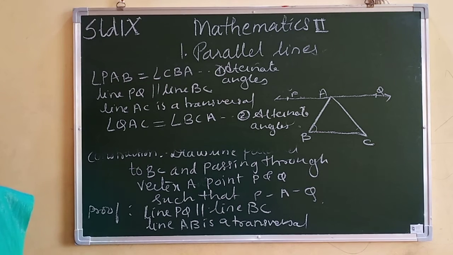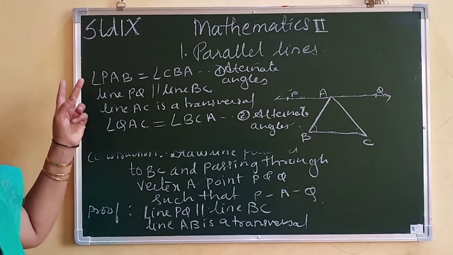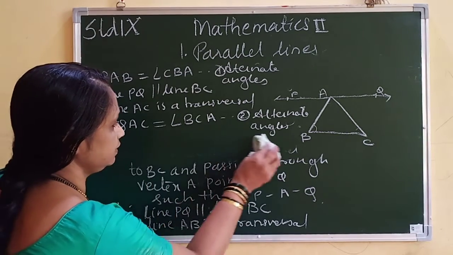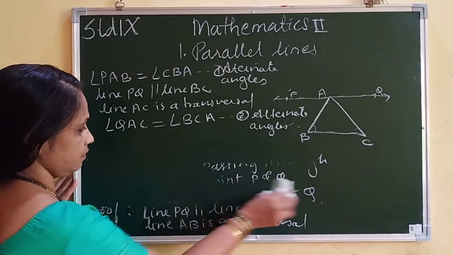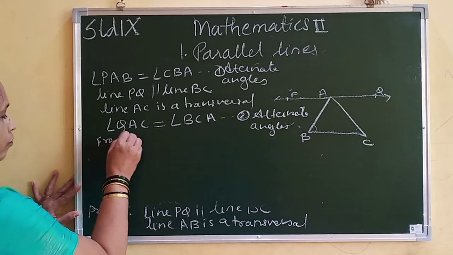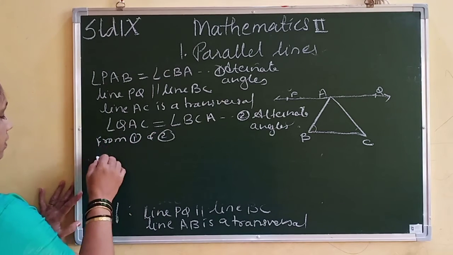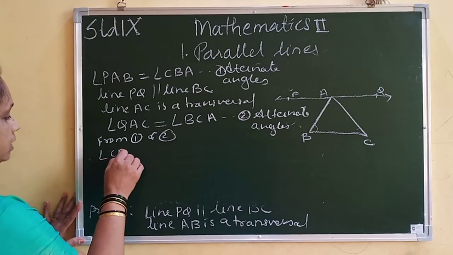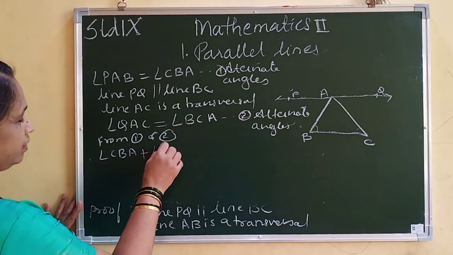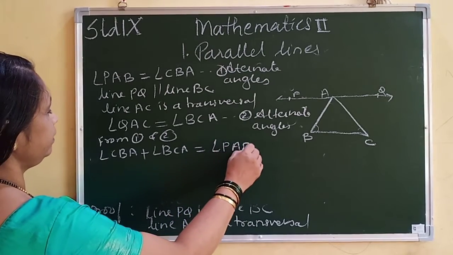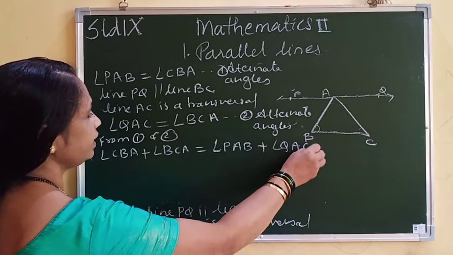Now from 1 and 2, what will we get? Angle CBA plus angle BCA is equal to angle PAB plus angle QAC.